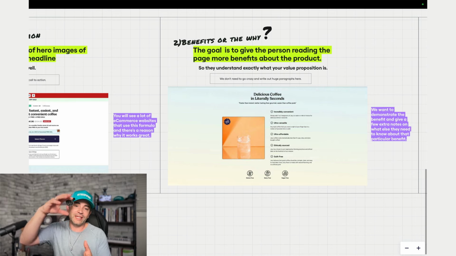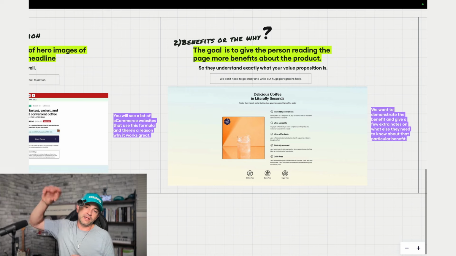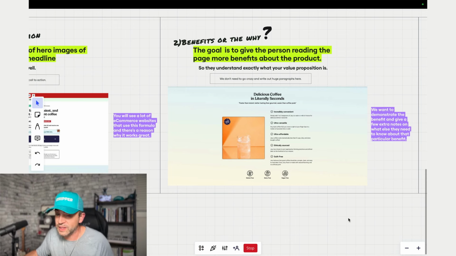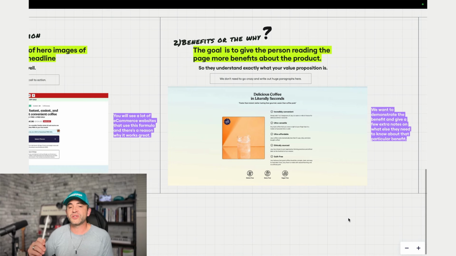A lot of times you'll see an image of the product with little lines and it'll explain it, but it's very important that you lead with benefits and not features. Features are like product specs. You want to make sure that people understand what the product does for them and not what the product is composed of.